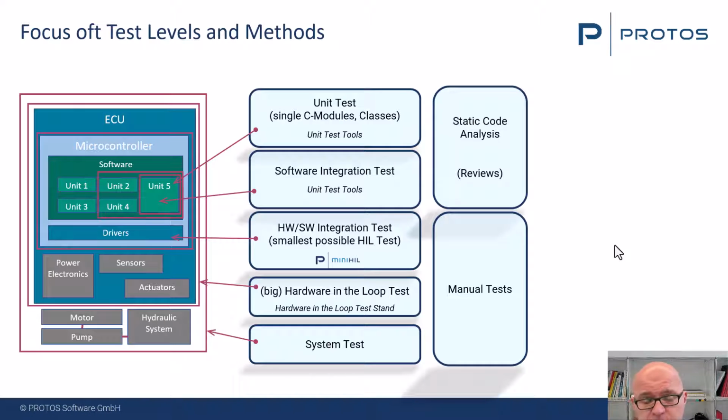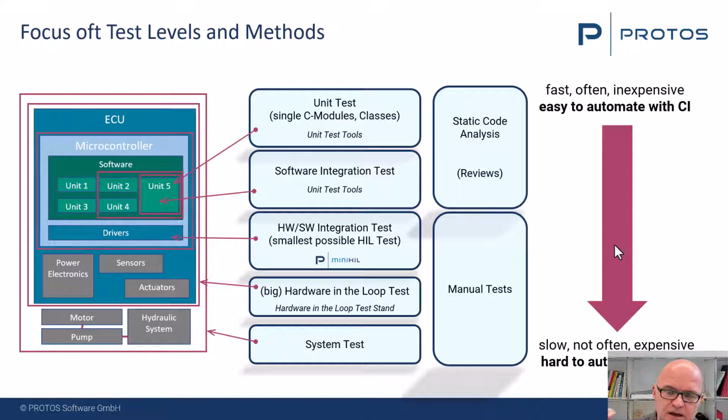That's done very often in embedded systems because it's so hard to automate the tests for embedded systems. And they take a very, very long time usually. And they're really hard to repeat. So the effort increases exponentially from unit tests to system test.